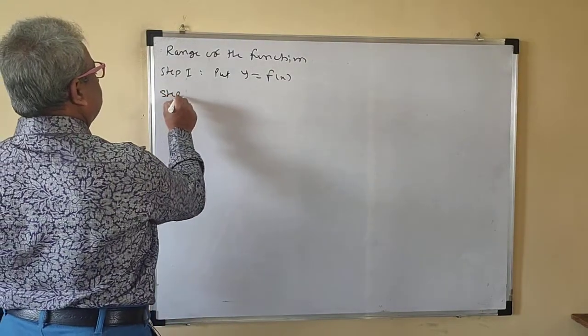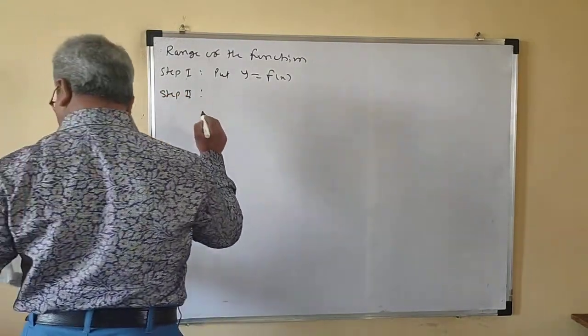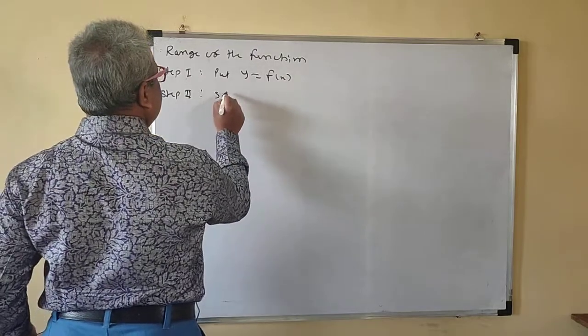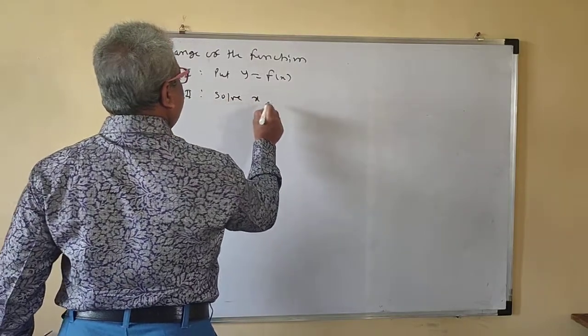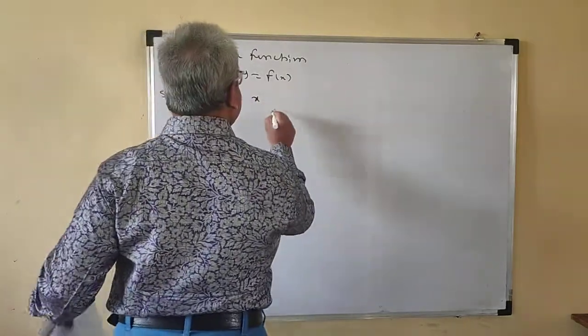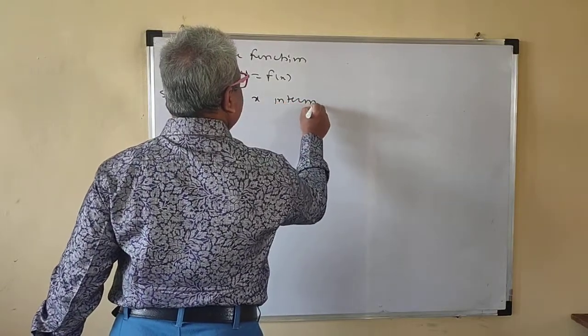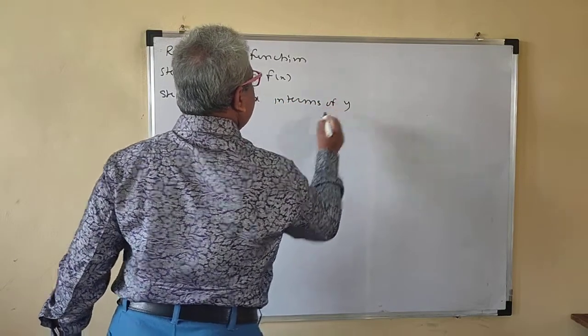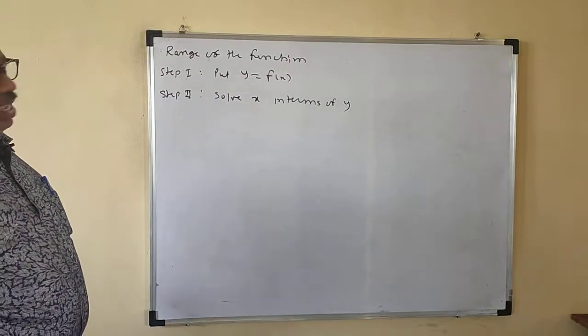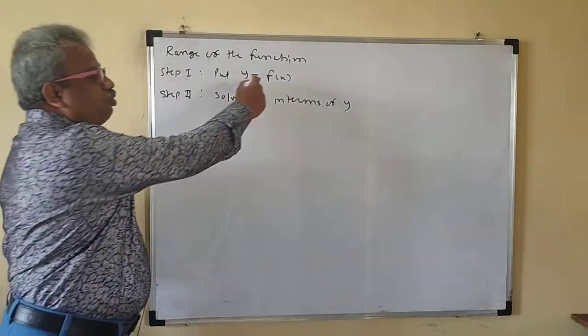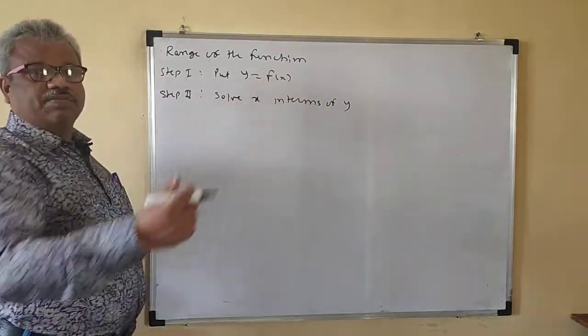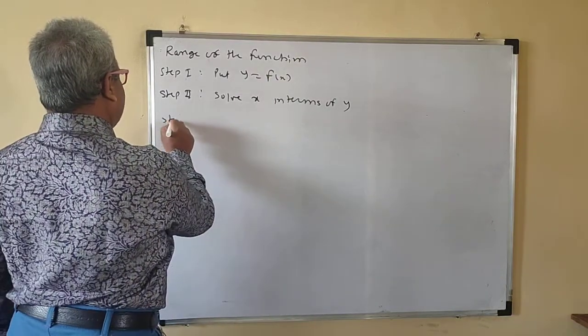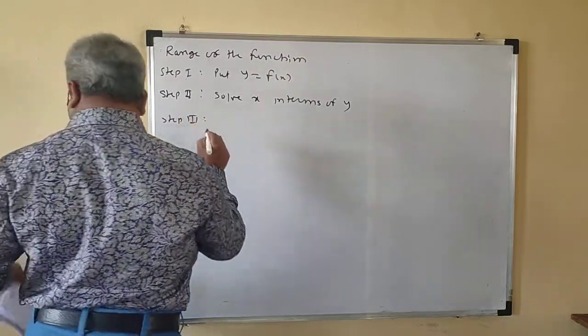Step second: solve x in terms of y. That means write x in terms of y. X is equal to something; this is y in terms of x, just write x in terms of y now. Now step third is what?